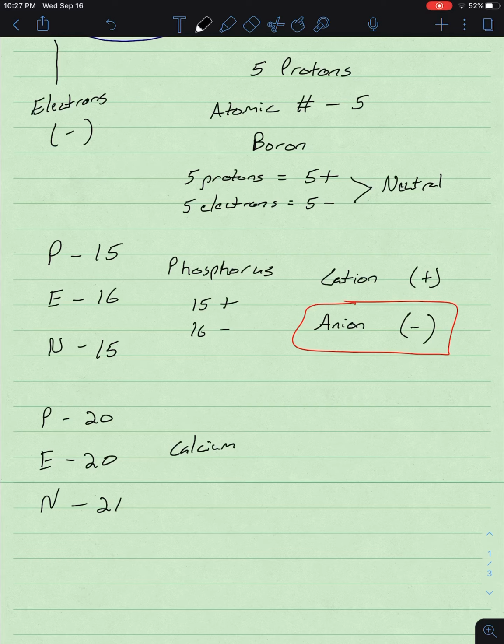Now I have 20 protons, so that gives me 20 positive charges, and 20 electrons, so 20 negative charges. So they are balanced out, so this would just be considered neutral. If they're balanced out, it's no longer considered an ion, and it is just a neutral atom.